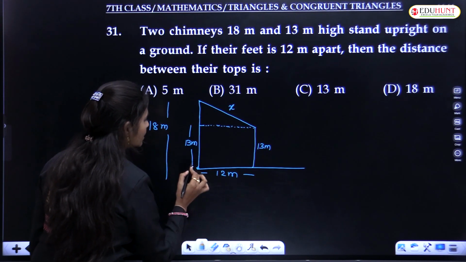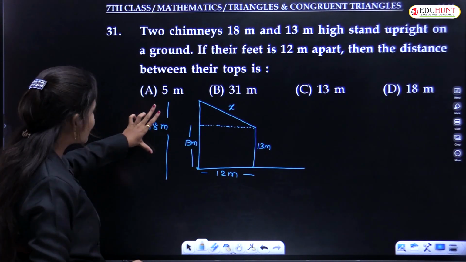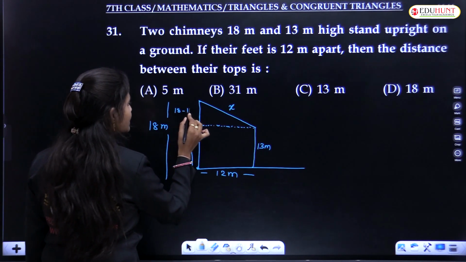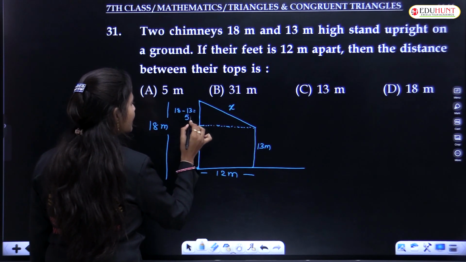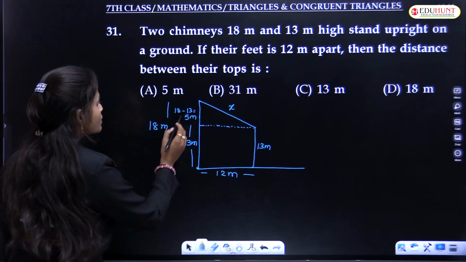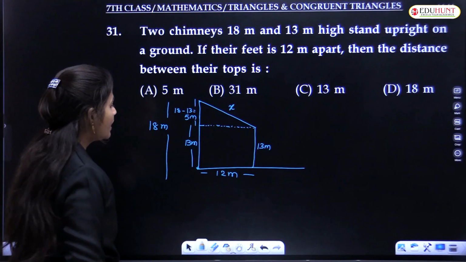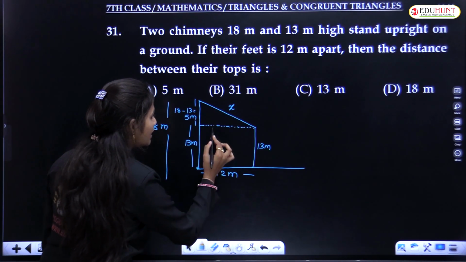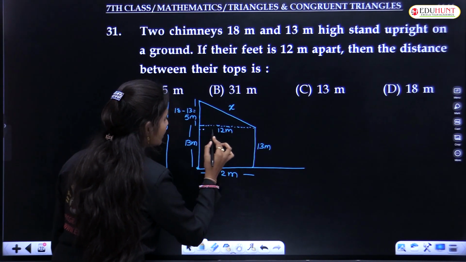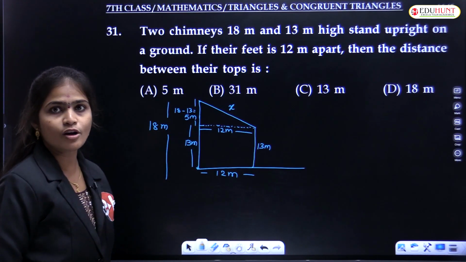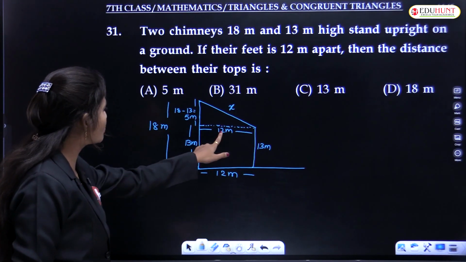But the actual height is 18 meters, so 18 minus 13 is equal to 5 meters. So this part is equal to 5 meters. Is it clear, children? Now this side is 12 meters, so this is also 12 meters, because in a rectangle opposite sides are of equal length.